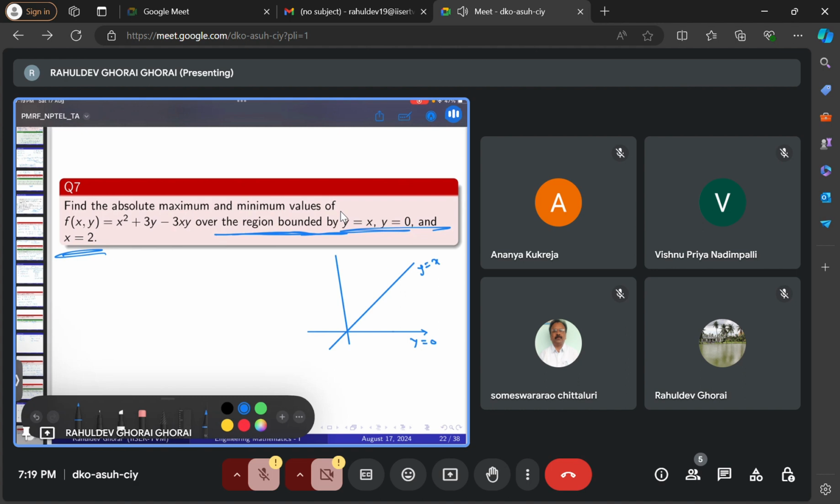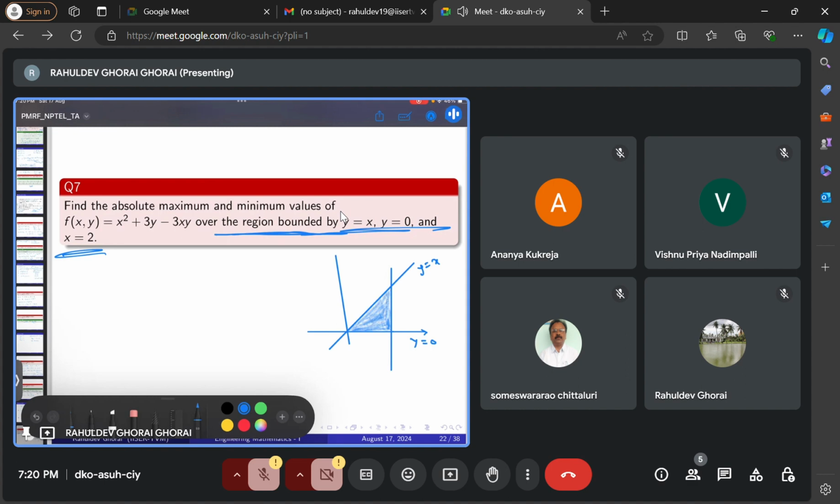So x equal to 2 line is like this. This gives you nothing but a triangle, this type of triangle. In this region you have to find the absolute minima or absolute maxima.